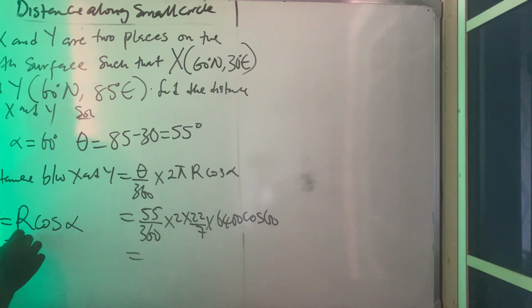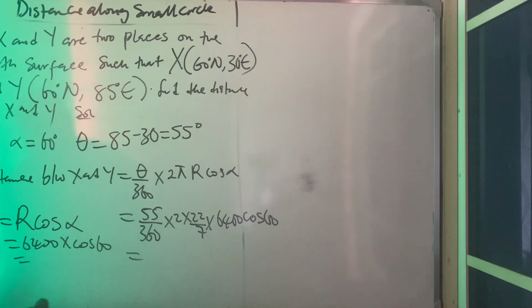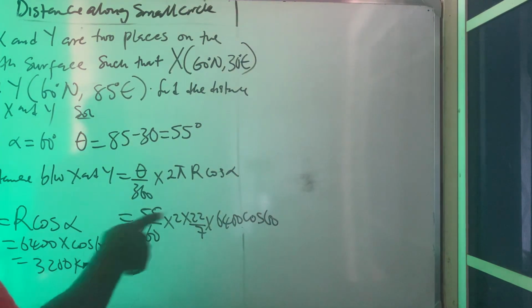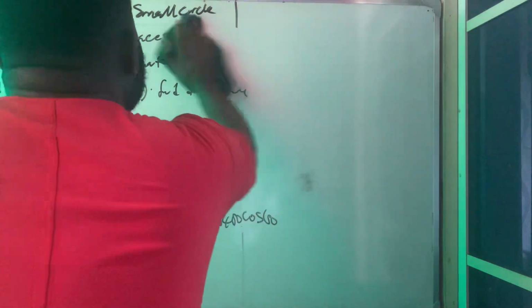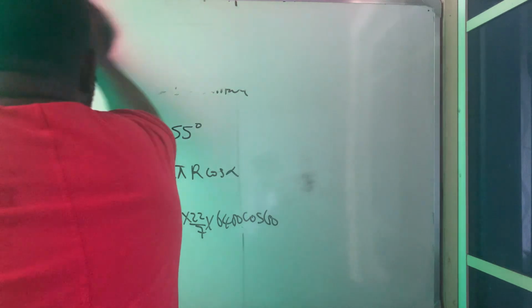So you will get 6,400 times cos 60. Cos 60 is 1 over 2, so half of this will give you 3,200 kilometers. So that is that. But the distance between them, press everything here, you get your answer. You see that longitude and latitude is the simplest question you can solve in the exam hall.